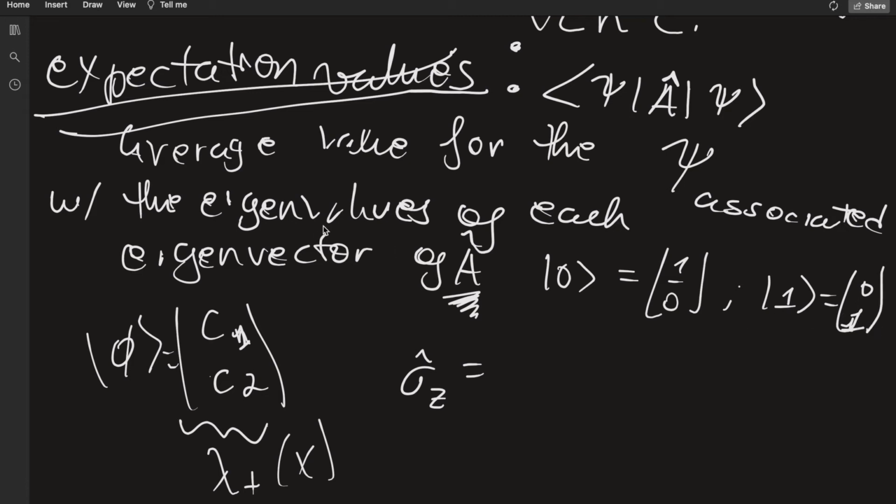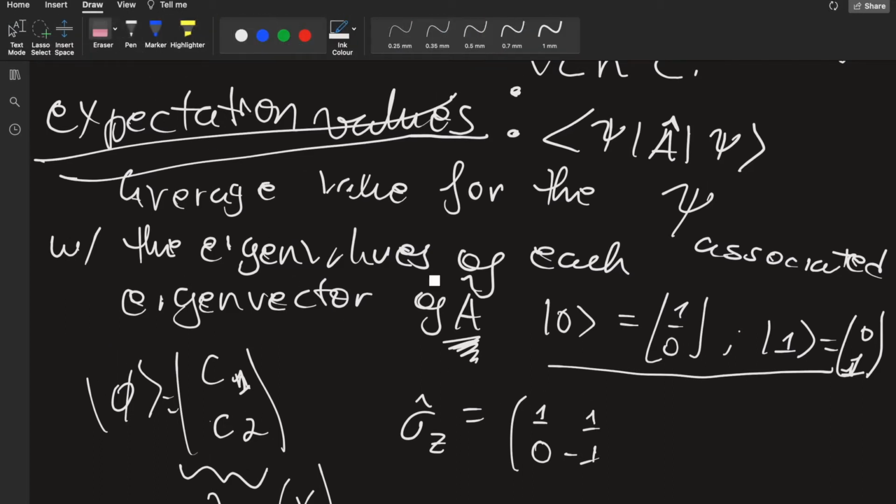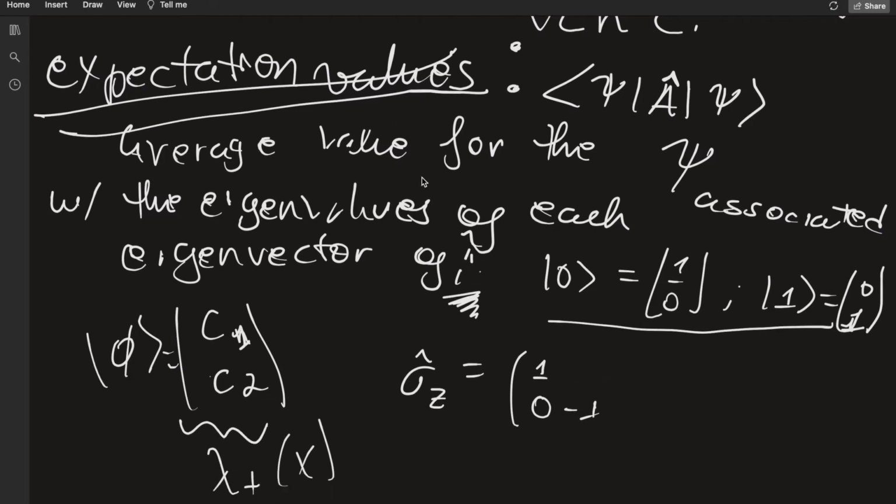Okay, so these are the eigenvectors, and we have the spin matrix along Z. It's going to be this.